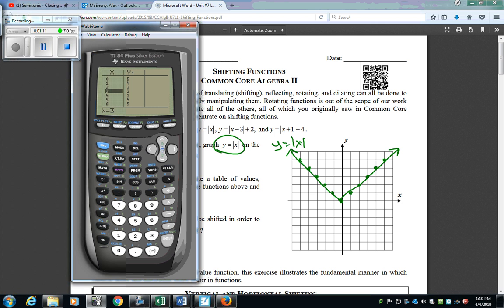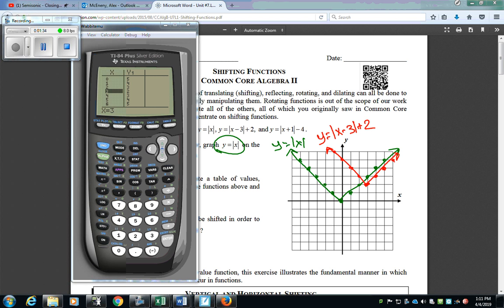I'm going to do that one in red. And then from there the graph goes diagonal like it did for the other graph. So that's our y equals absolute value of x minus 3 plus 2.